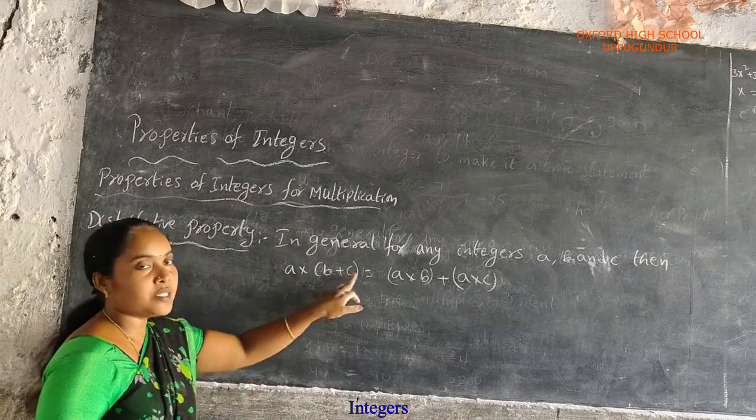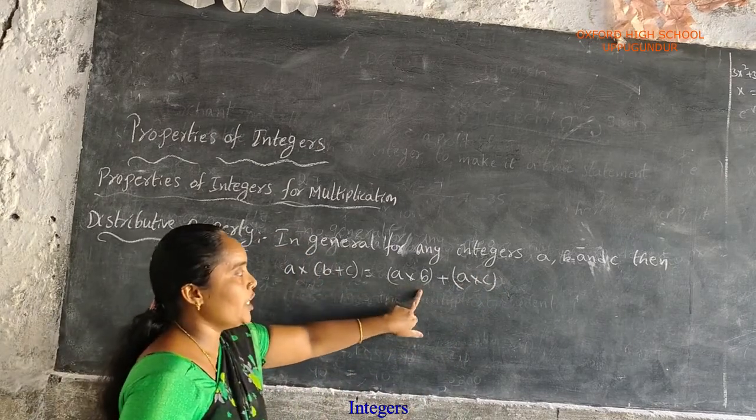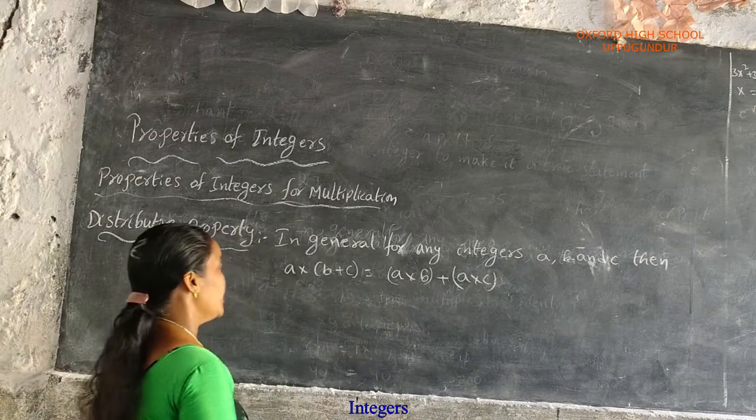A into b plus c equals a into b plus a into c.